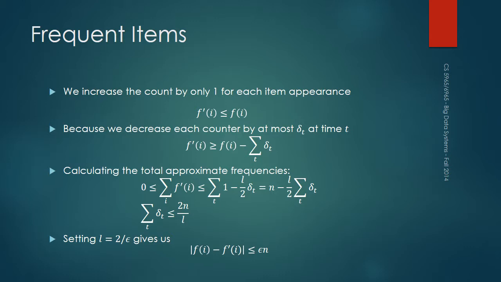When you have an approximation algorithm, you want to present it as a percentage of the size of your input. If I have 1,000 elements and I choose L like this, then 2 over L equal to epsilon is the percentage of error that I can expect in the worst case. There's nothing magical going on here. This is just rewriting the expression so that I get it in this epsilon times n format.